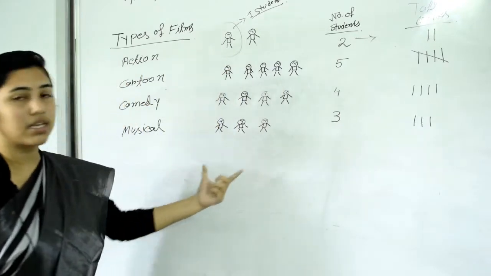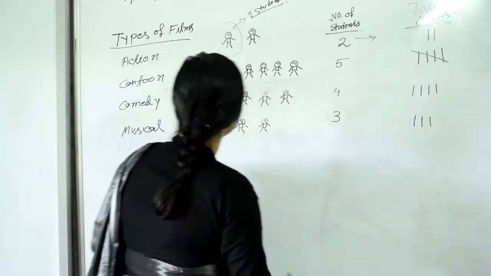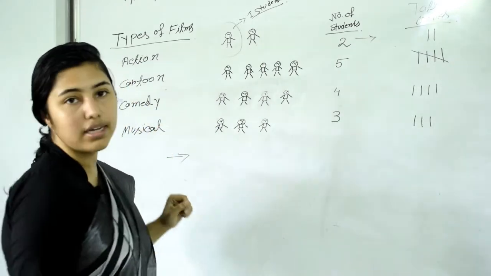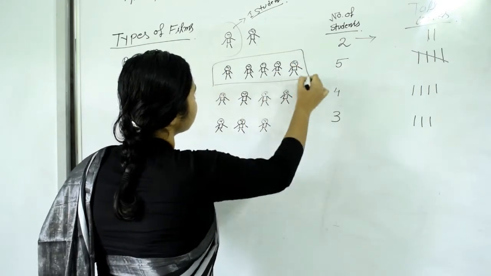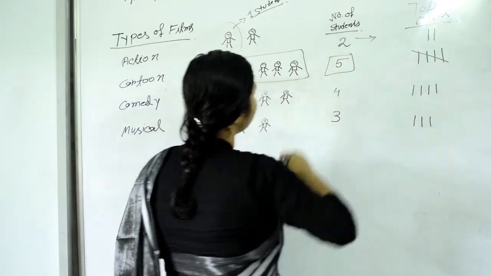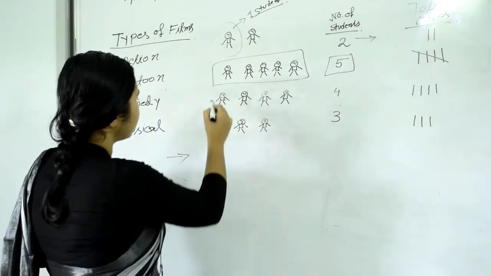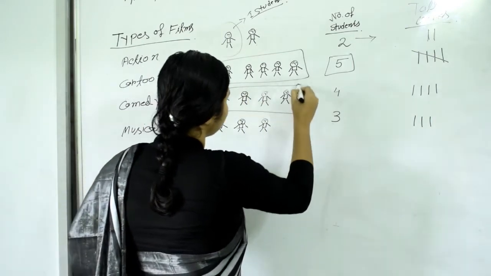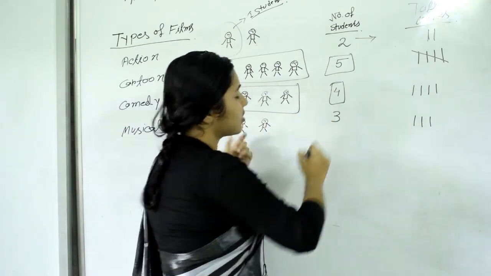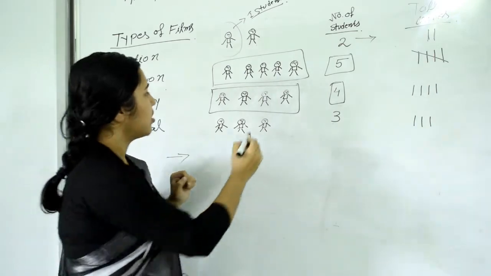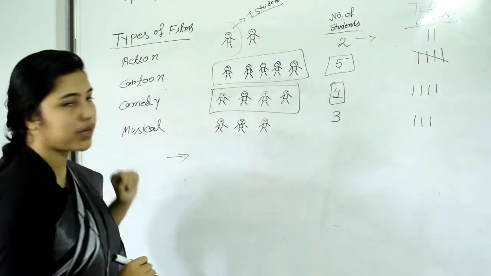Now from this table we can clearly tell that most of the students, which is number 5, like cartoon, and comedy films is the second type of films, because 4 students after 5, 4 students like comedy films.